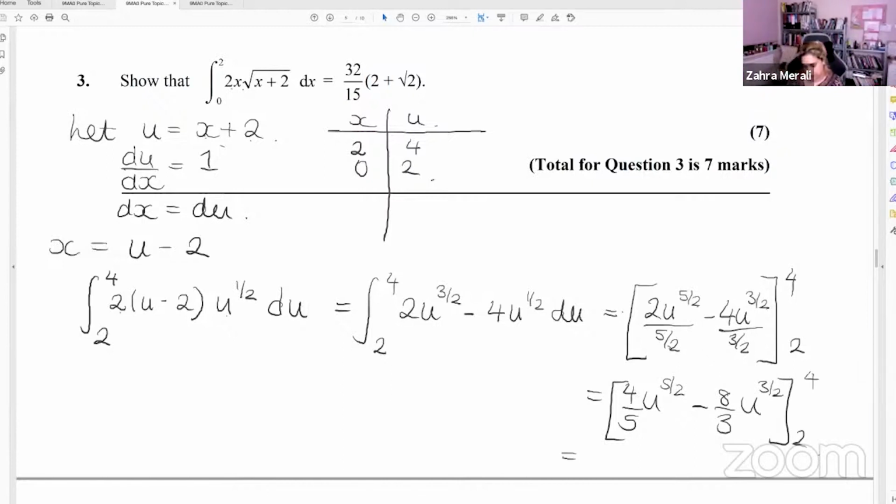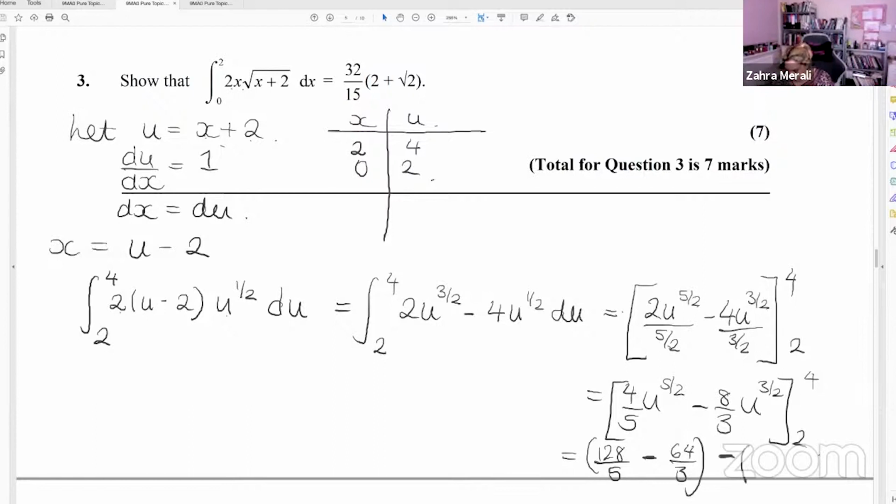And if I substitute 4 in, I get 4 to the power of 5 over 2, which is 32, times 4, divided by 5, which gives me 128 over 5. So 4 to the power of 3 over 2, which gives me 8 times 8 divided by 3. So minus 64 over 3, minus sticking 2 in.